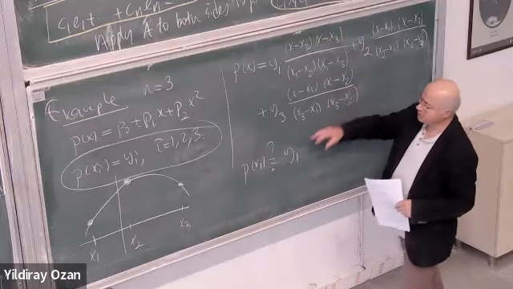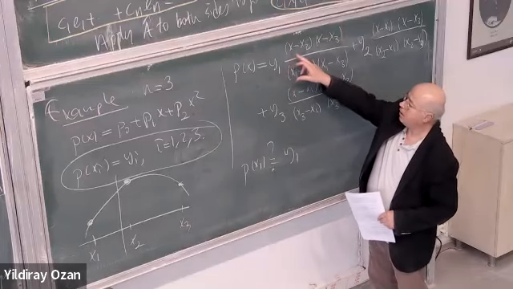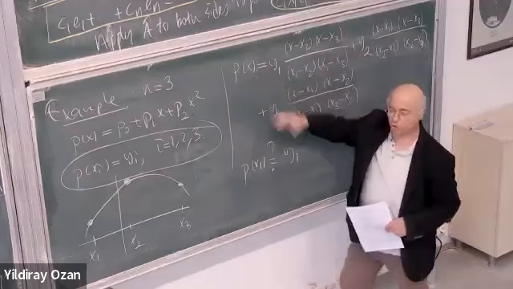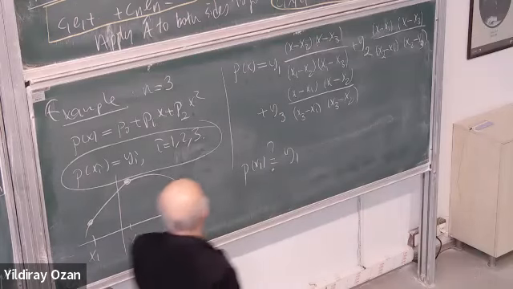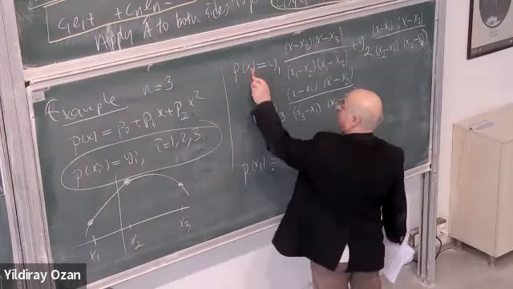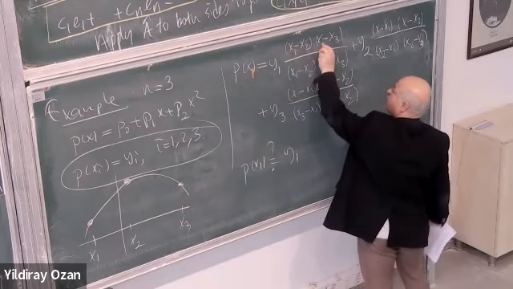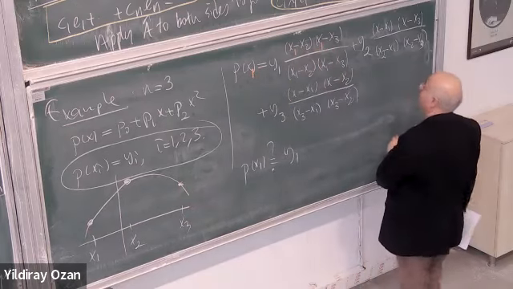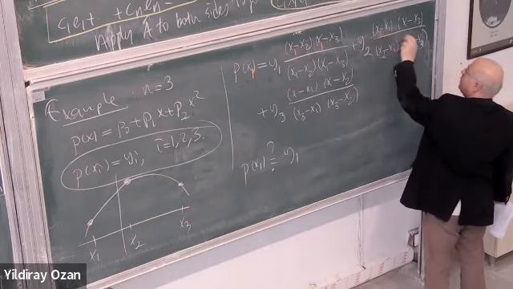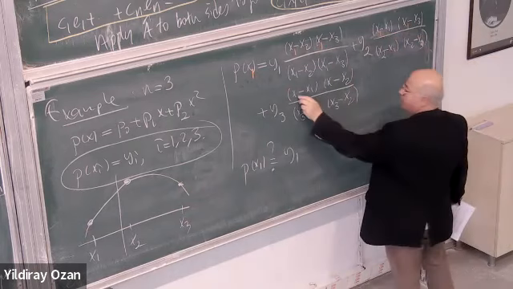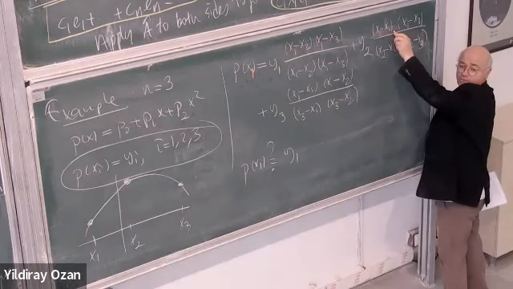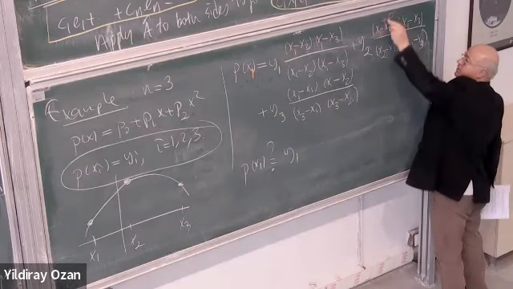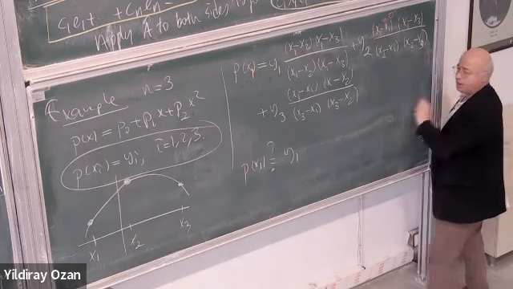Well, when you plug in x equals x1, let's see what we get. When I plug in x1, I will have x1 minus x1 in the other terms, therefore this thing is 0. So all these terms are gone.